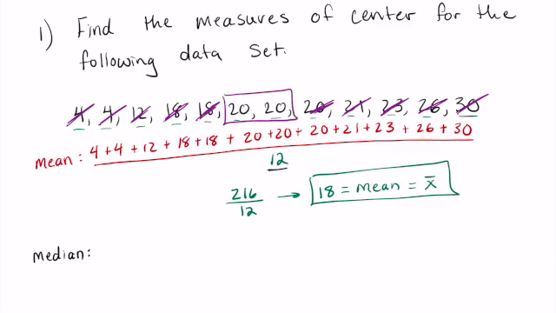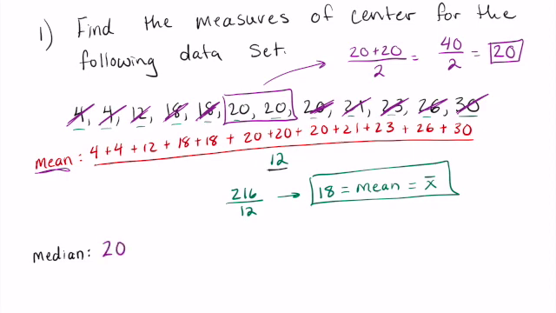And in this particular case, we wound up with two numbers in the middle. So the way that I do this is I take my two numbers and find the average of those two numbers. So I'm going to do 20 plus 20 divided by 2, since I have two numbers. 20 plus 20 is 40, divided by 2 gives me 20. And so my median is 20. And that's easy.